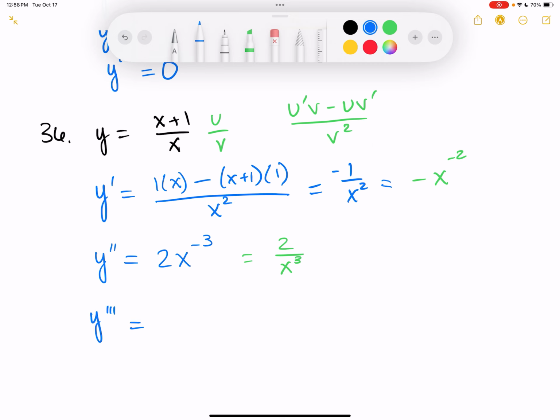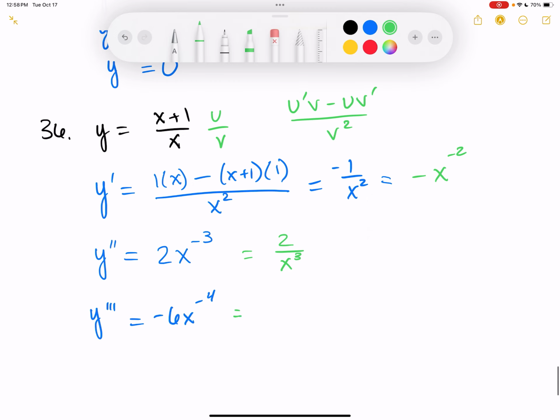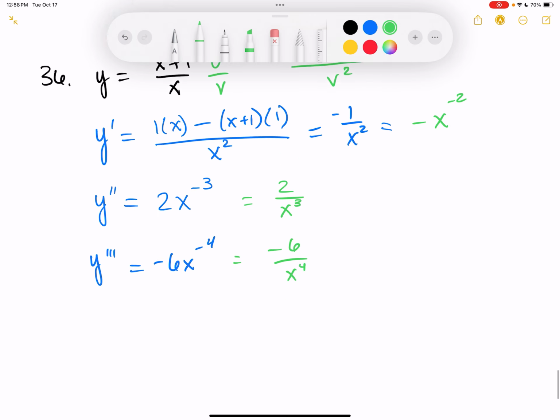All right, so then the derivative of, again, I would use this one that's to the negative, 2x to the negative 3. Negative 6x to the negative 4. Yep. And again, the book may write it as negative 6 over x to the 4th, so just be aware of that.